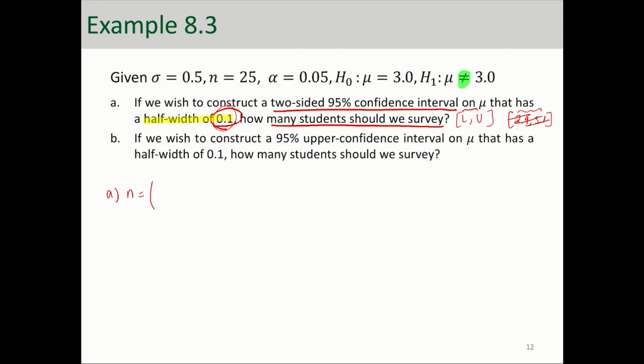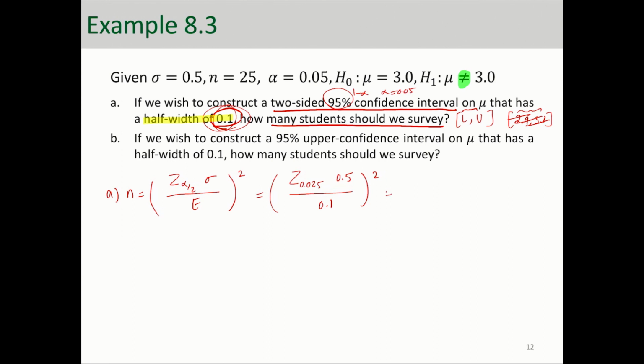Part A, n is equal to z of alpha over 2 times sigma over half width, squared. So that is z of 0.025, because this is 1 minus alpha, so alpha is 0.05, times 0.5, that's sigma, divided by half width, which is what we want, 0.1, squared.